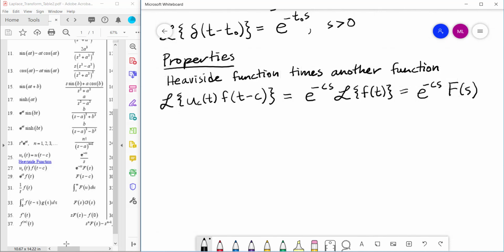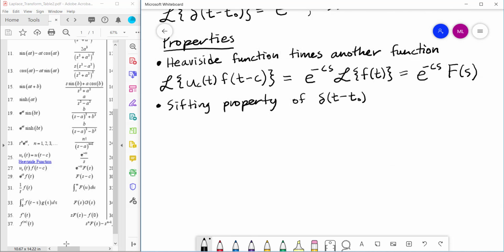There's also one other property, and this second property is what's often referred to as a sifting property for the Dirac delta function. In fact, let me not even say delta of t. Let me be more general: delta of t minus t naught.